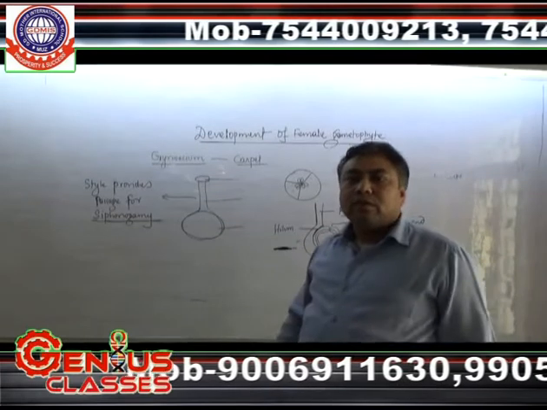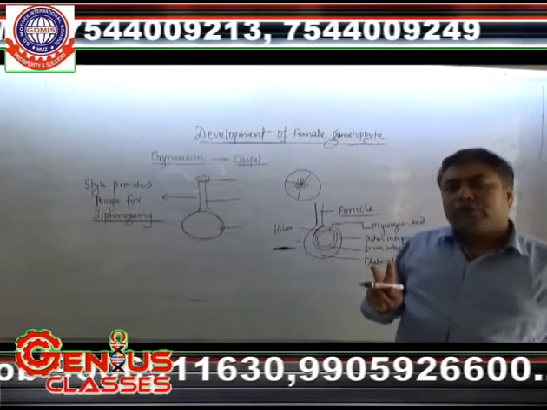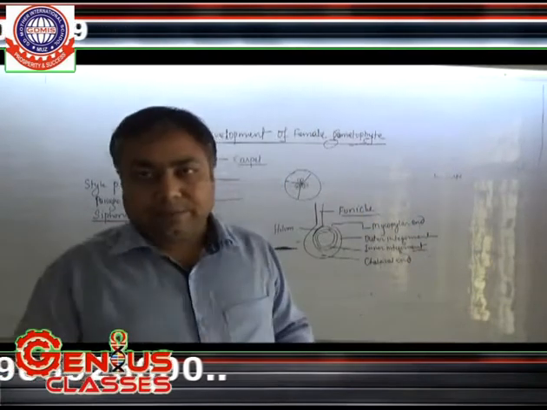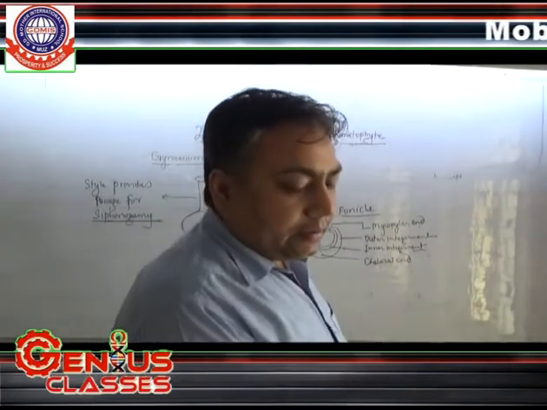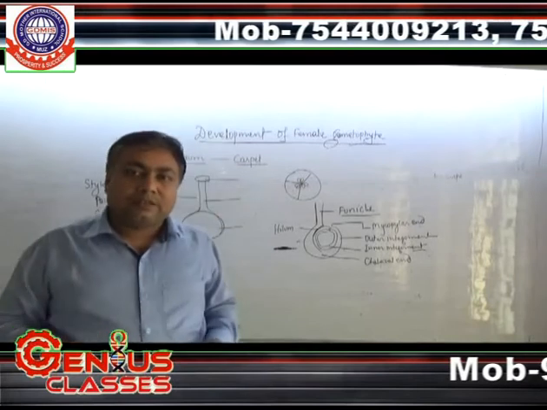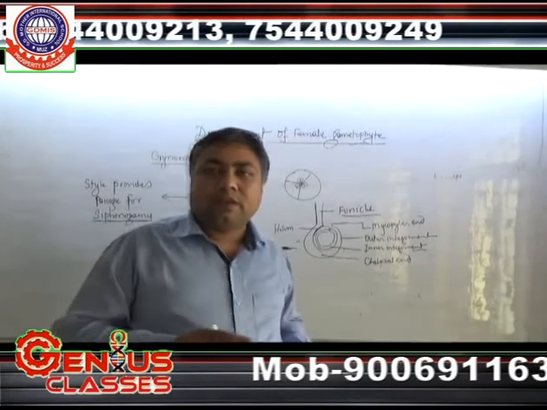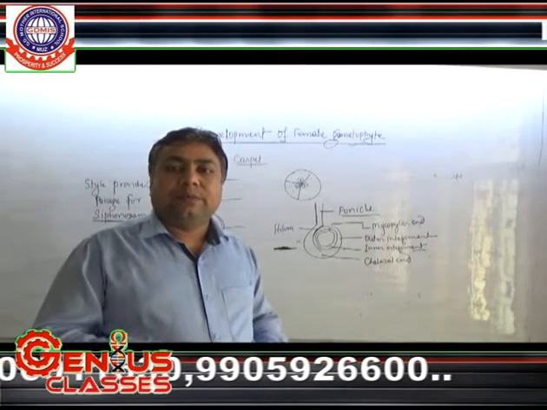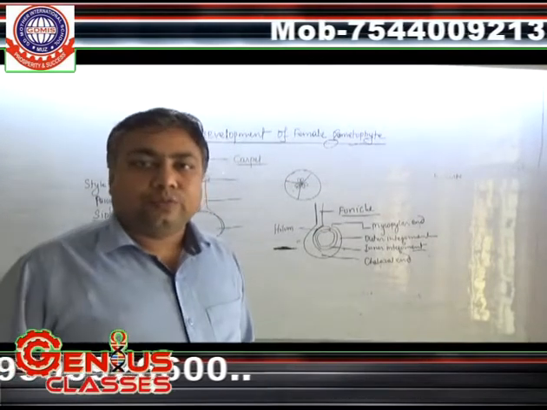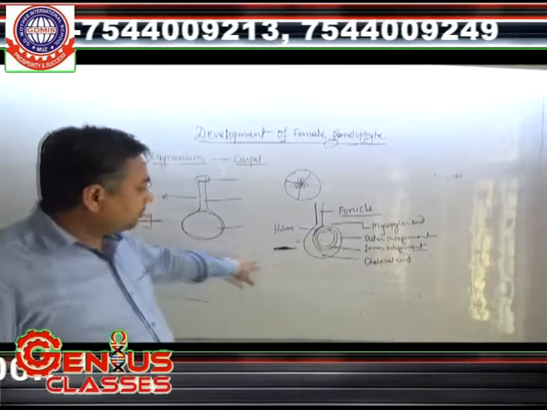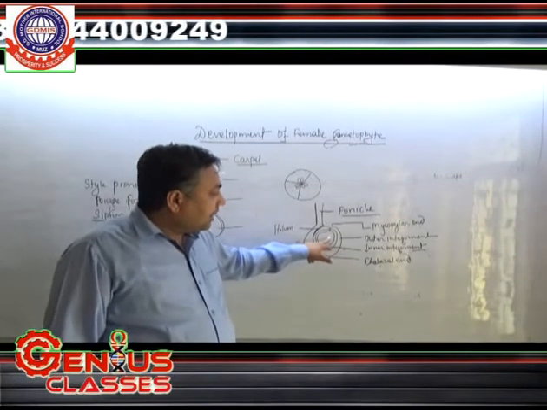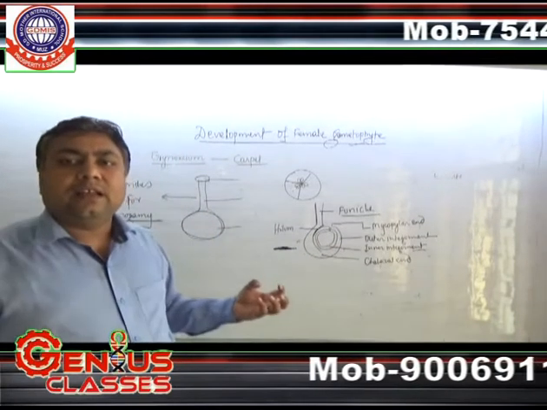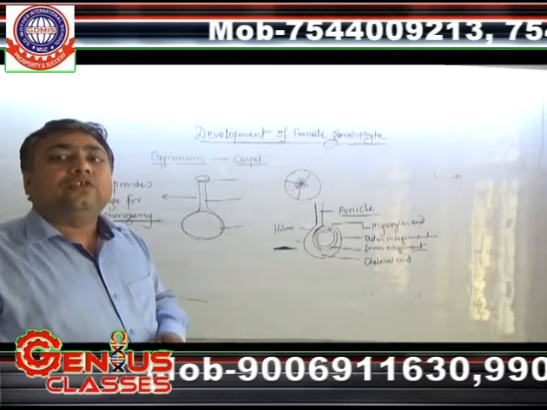Due to the presence of two layers of integument, angiosperms are also known as bitegmic. In gymnosperms, there is a single layer of integument, so they are known as unitegmic. It is also a basic difference between gymnosperms and angiosperms. The mass of cells enclosed inside the integument is called nucellus.